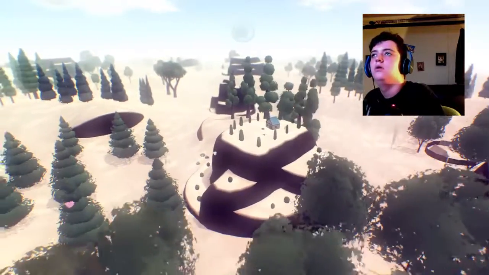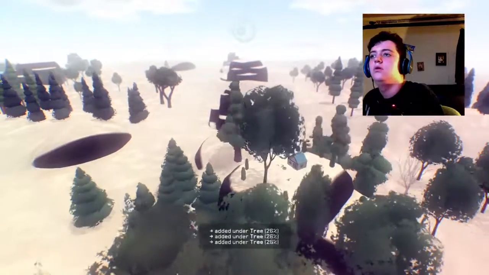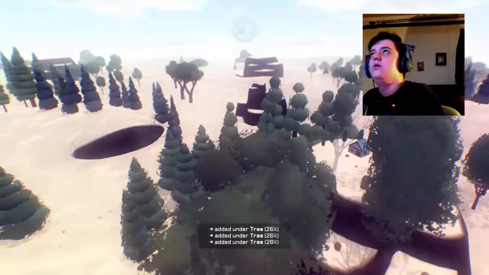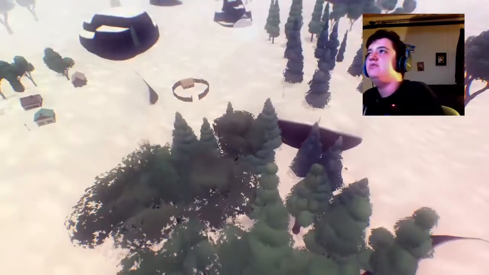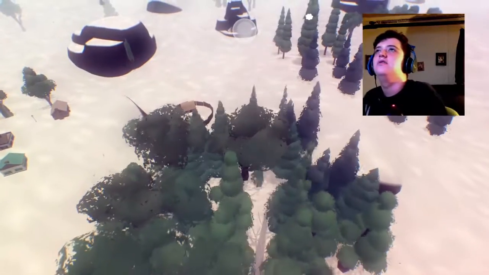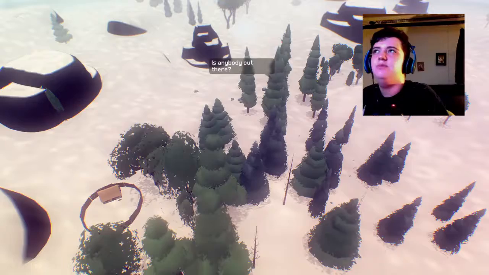Huh. While that's happening, I have a bajillion trees to unify. Anybody else?